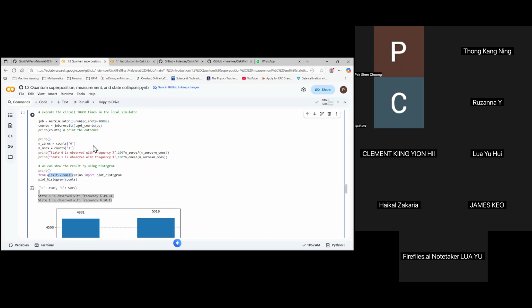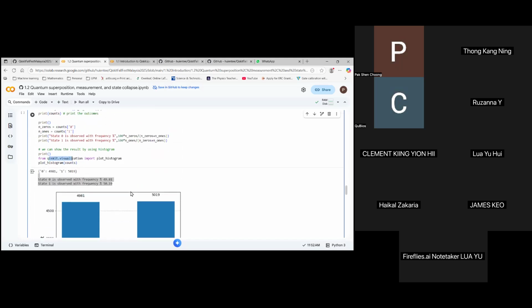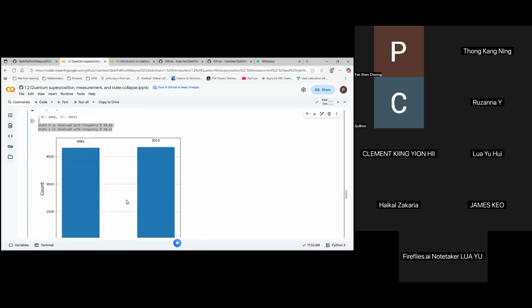So with 10,000 shots, we can see that the result looks like this when we execute on the simulator. But okay, this is kind of a near perfect quantum computer, I would say, because the probabilities are almost similar, with 50 here and 49 here.